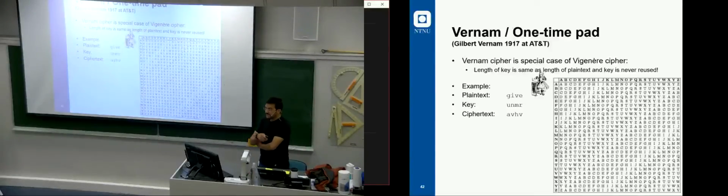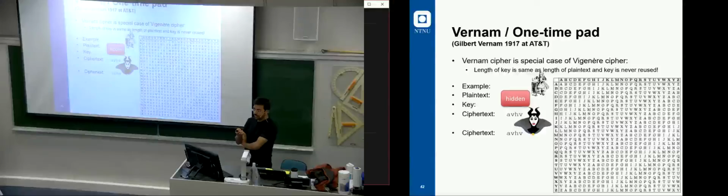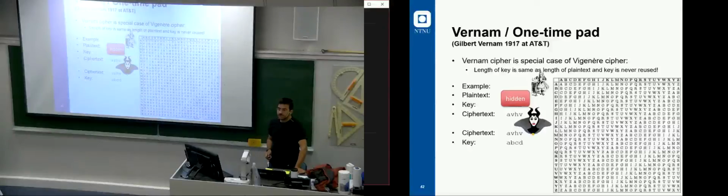But this ciphertext will be seen by our favorite character, the attacker. For example, she guessed the key is ABCD because she doesn't know the key.